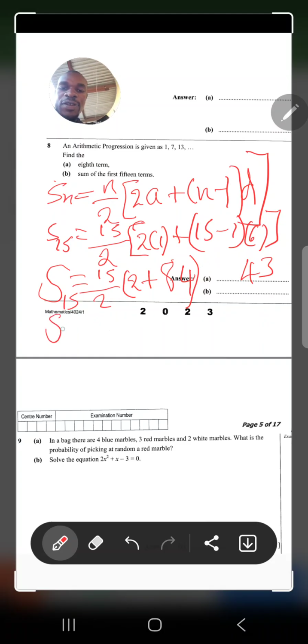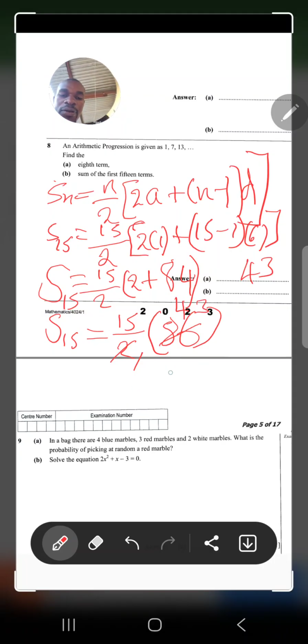And this will give us the sum of the first 15 terms equal to 15 over 2 open brackets 86, and then we know that 86 divided by 2 will give us 43. And now we have 15 times 43.